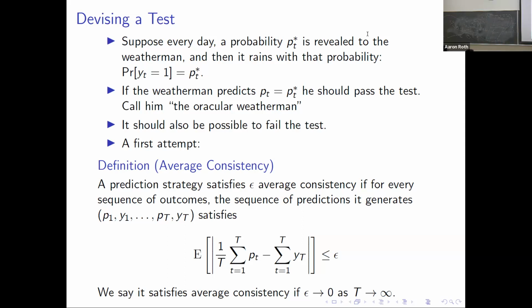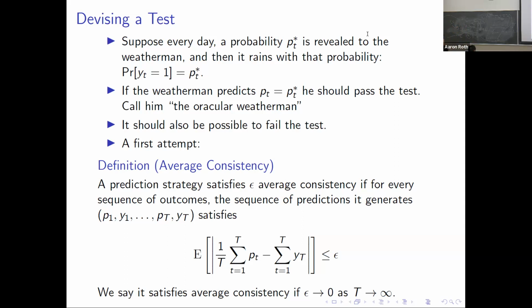I'm going to average over all T days the probability that he said it would rain. And I'm also going to keep records and average over those T days the fraction of the days it actually rained. And I'm going to check that they're close. How close is close? Well, they should get closer and closer the longer we're measuring the weatherman's performance.